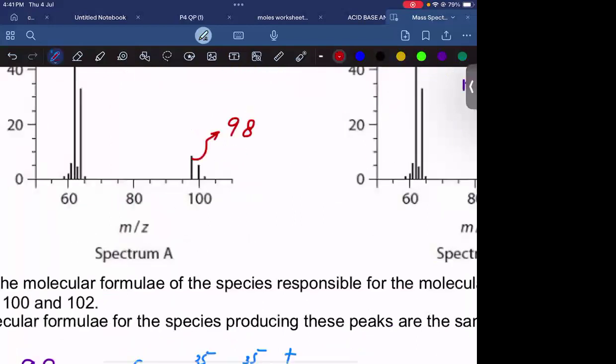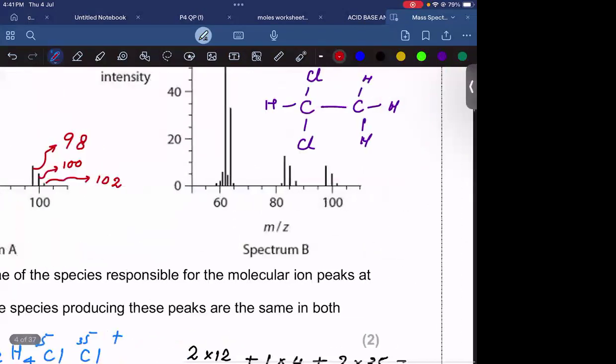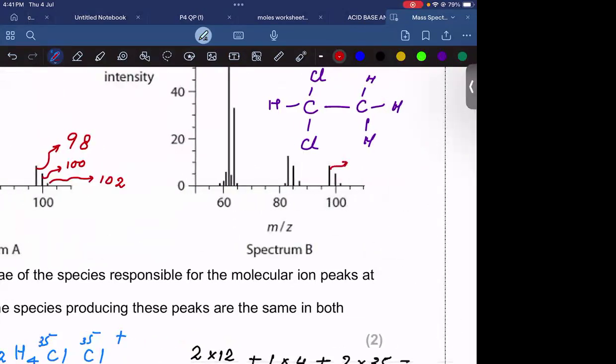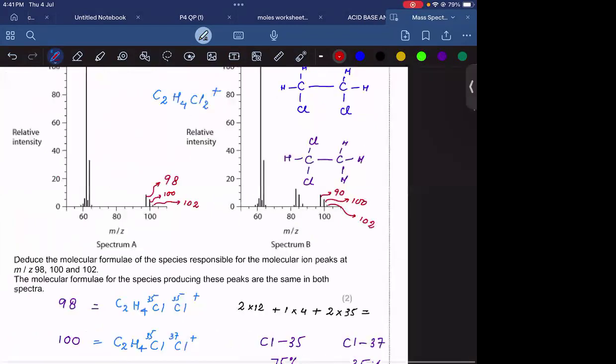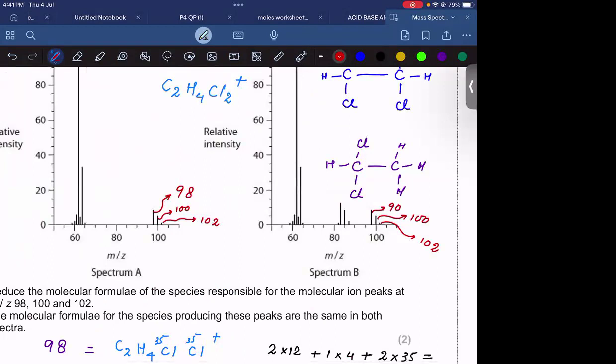This is 98, this is 100, this is 102. They are asking why they have different relative intensities.